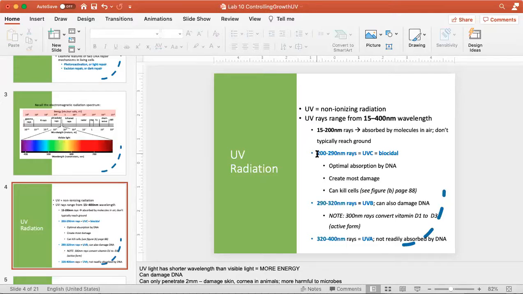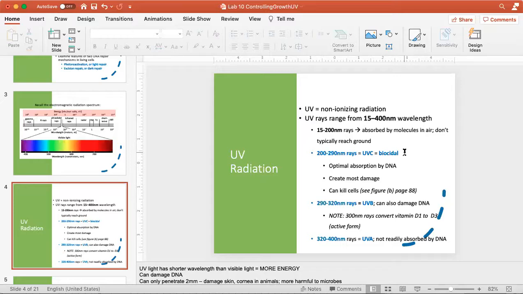From a wavelength of 200 to 290, right here, we're talking about the most damaging type of ultraviolet. This is ultraviolet C. And this is what's considered biocidal. This will kill living tissue if it's exposed long enough.